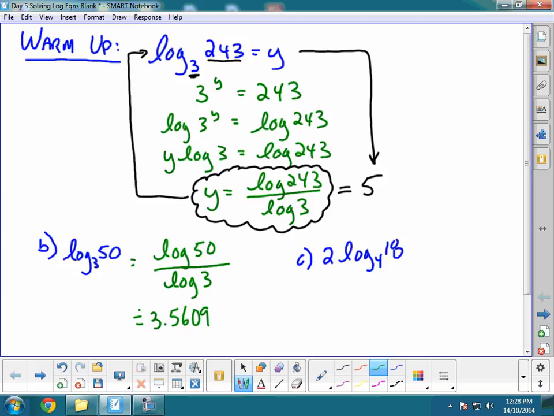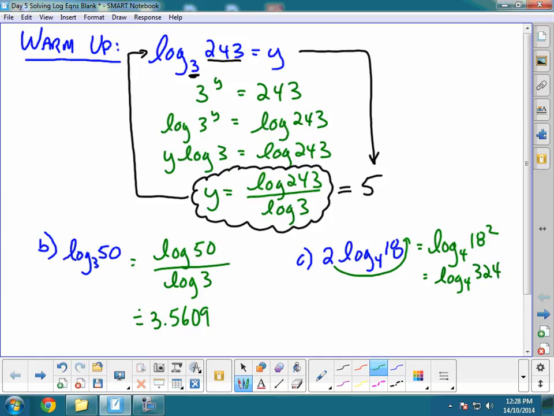So how can we use this to answer C? Well, remember, we can take this 2, and since it's being multiplied, it can go up into the exponent. So this will go into 18 squared. So 18 squared is 324.